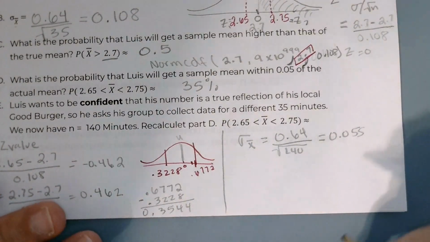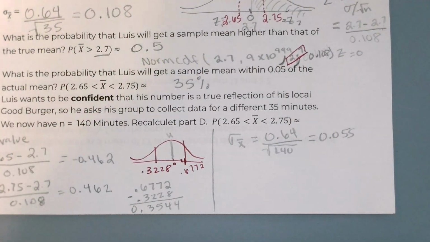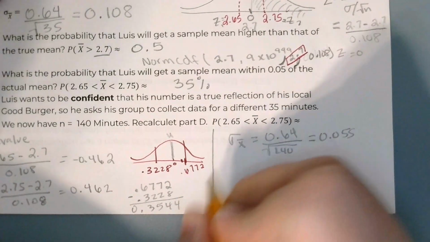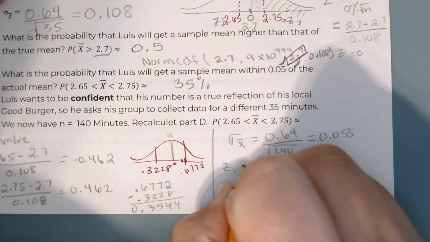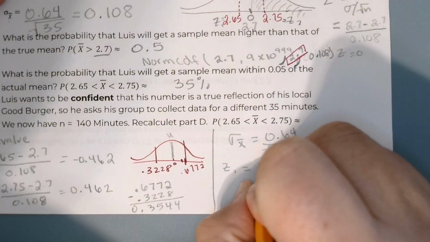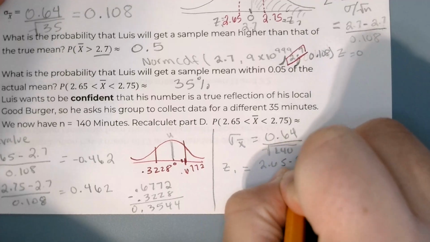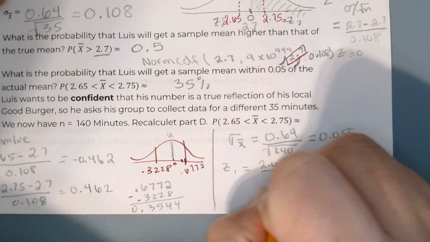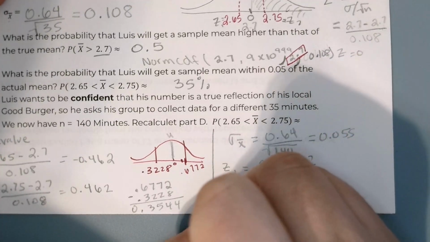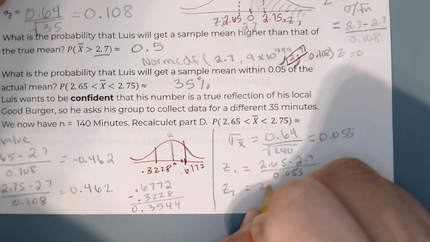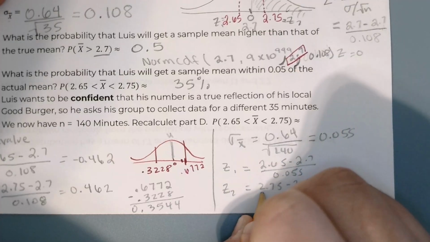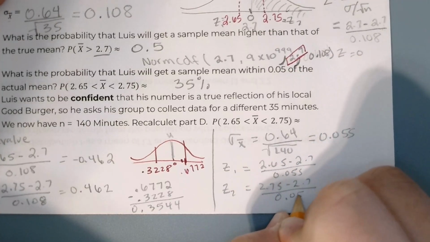So if I rerun these numbers, we find that Z1 is going to equal 2.65 minus 2.7 divided by 0.055, and Z2 is 2.75 minus 2.7 divided by 0.055.